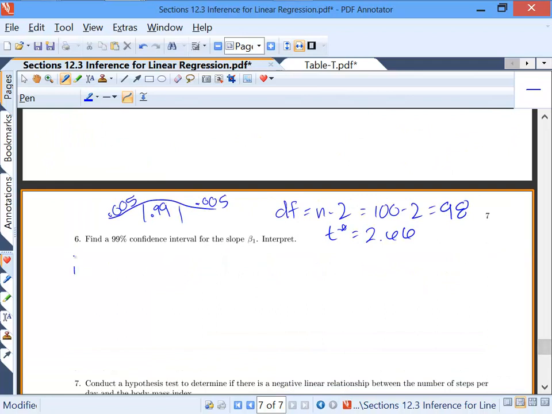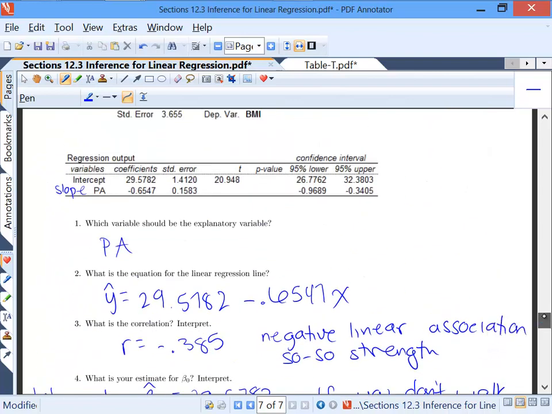So our formula, remember, is our estimate for our slope plus or minus our critical value times the standard error for our slope. So, look back up at your computer output once again. Our slope is negative 0.6547. And our standard error is 0.1583.